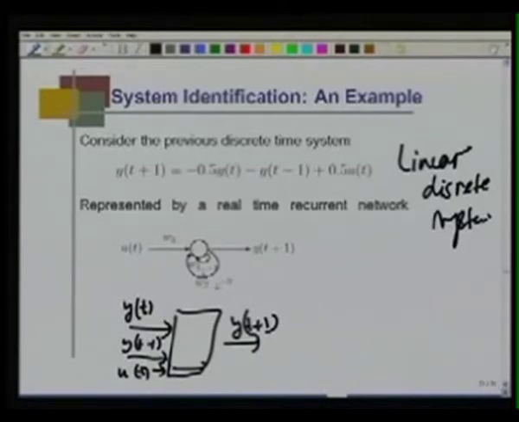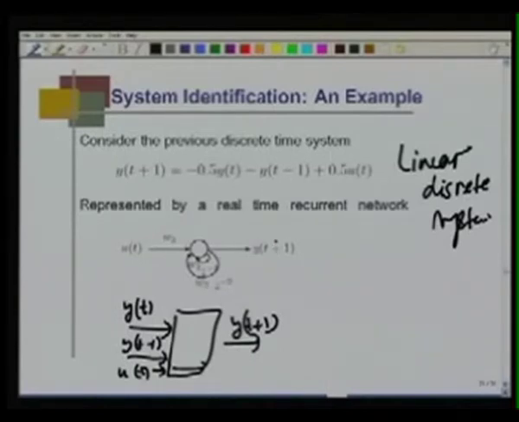So what does it mean? I can now write yt plus 1 is w3 ut plus w1 into yt, single delay, and then double delay is w2 into yt minus 1.